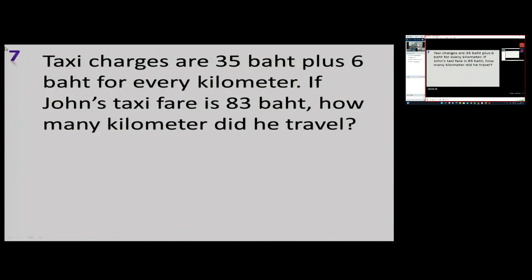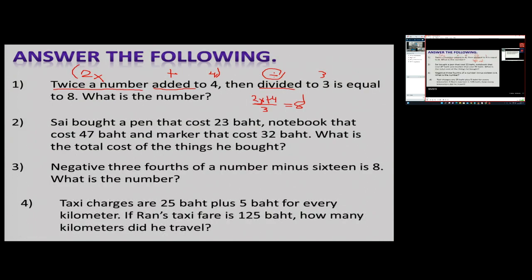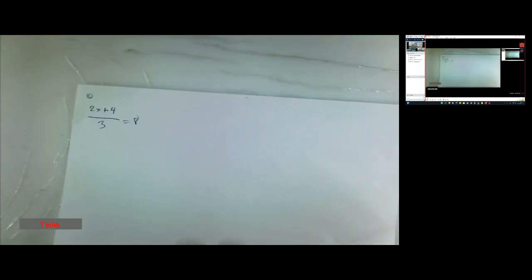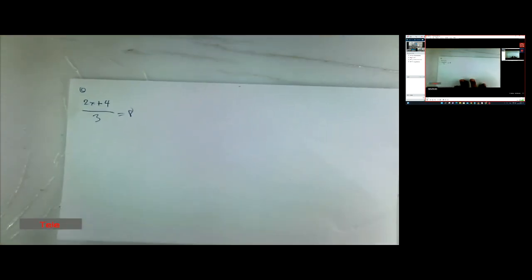So twice a number added to 4 divided by 3 is equal to 8.